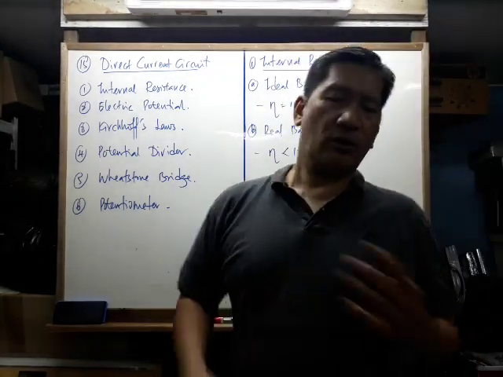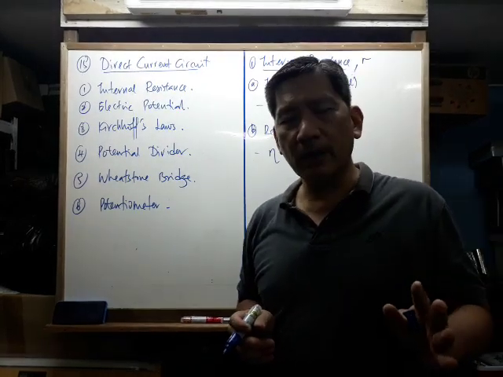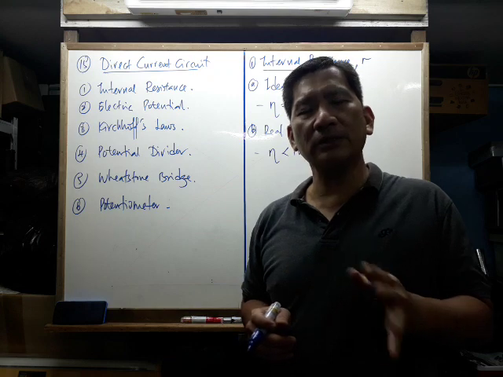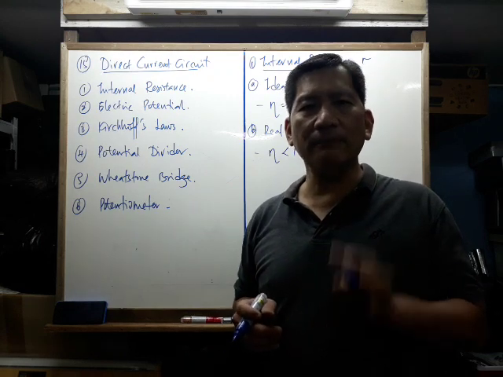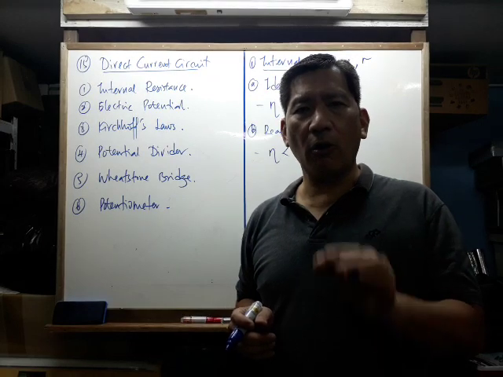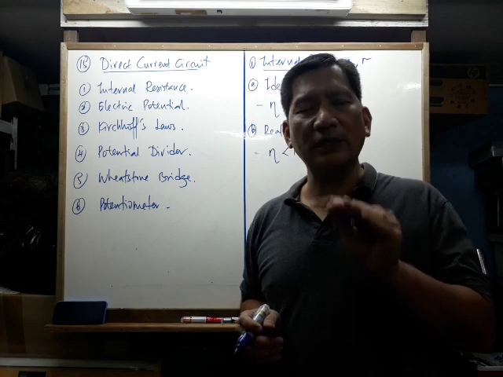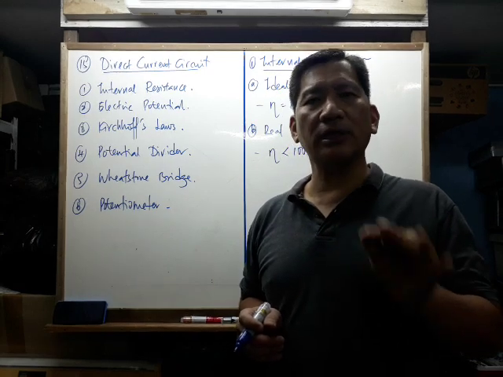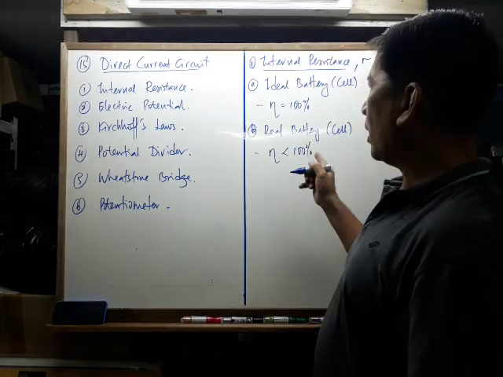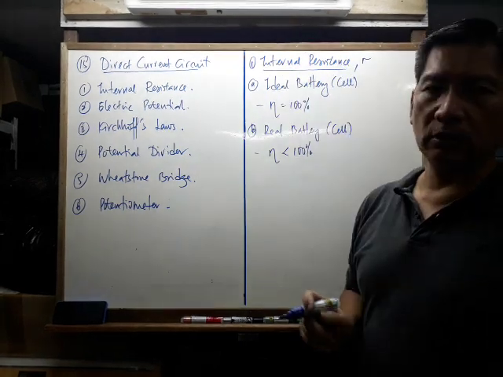Because of the transfer of charge through the chemical itself, the flow of ions and electrons is actually facing difficulty. This difficulty is because of the collision between the chemical and the ions and also the electrons. That is what causes the existence of internal resistance.